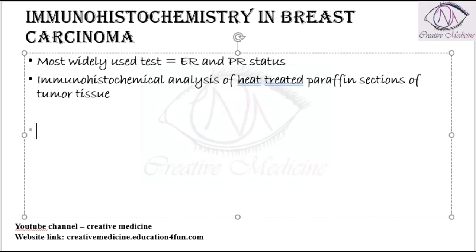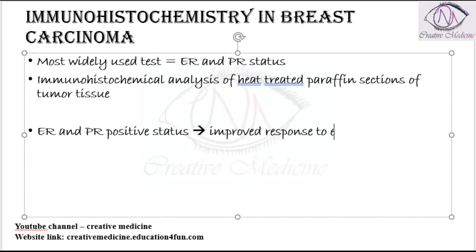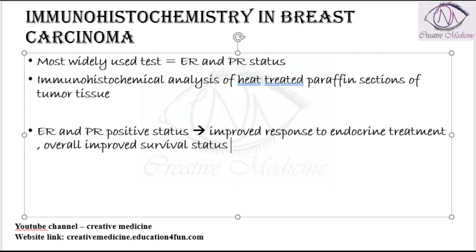Okay, when you do this, if you see ER and PR positive status, then this ER/PR positive status will show there will be improved response to endocrine treatment, and thus there will be overall improved survival status also seen in these patients.